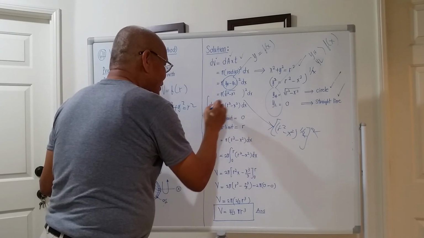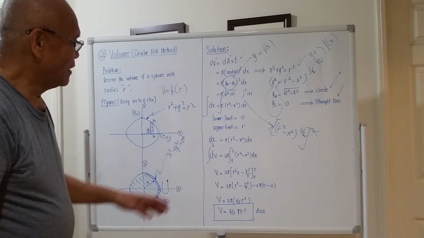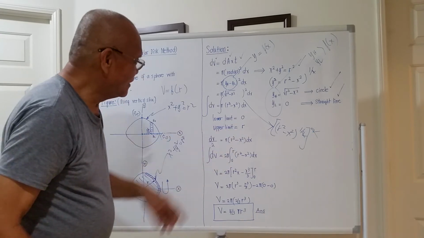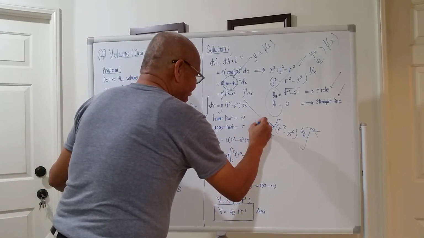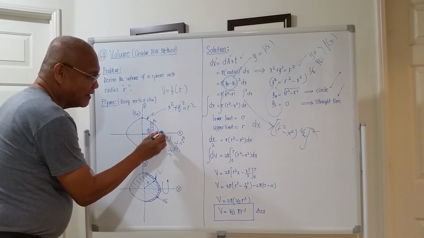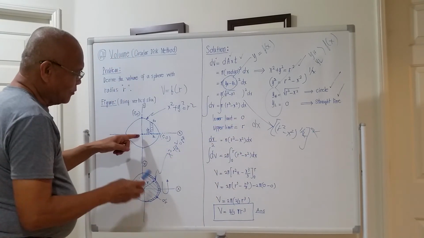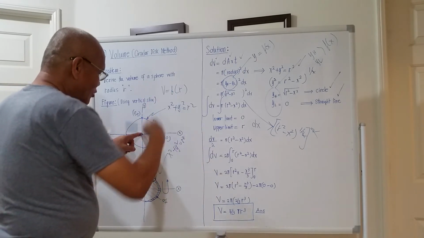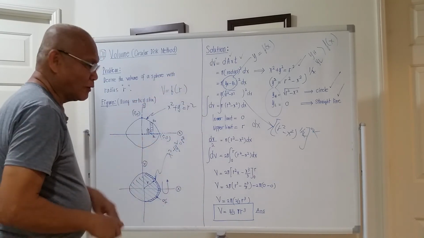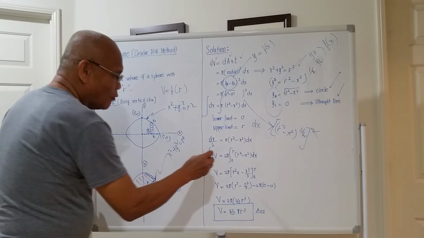Okay, integrate. But try to look back on the figure. Our lower limit is 0 and our upper limit is r. We are referring to dx. Dx is actually moving from 0 to r. So as it moves from 0 to r, you complete one revolution along the x-axis, and you are only taking 1/2 of the volume. So the total volume will be, we multiply it by 2.